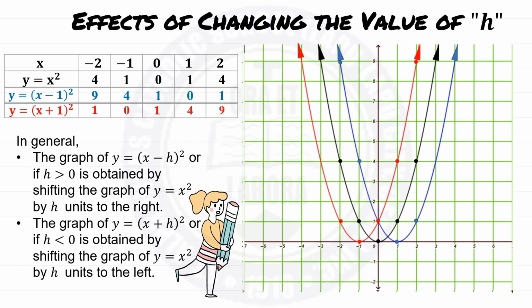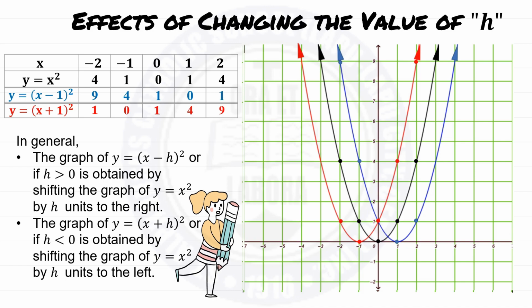So in general, we could say that the graph of y equals a times quantity x minus h squared, if h is positive, is obtained by shifting the graph of y equals ax squared by h units to the right.